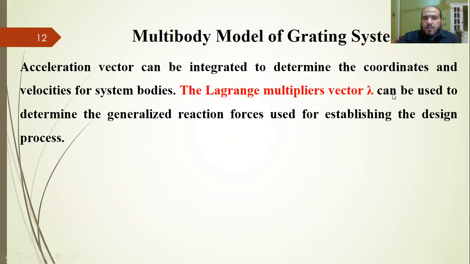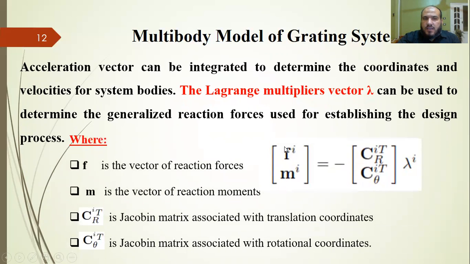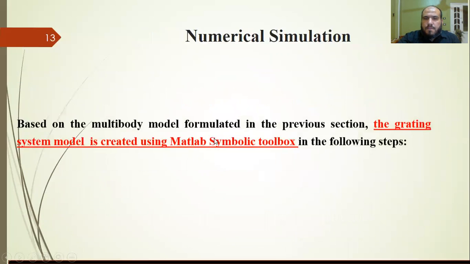And the Lagrange multipliers can be used to determine the generalized reaction forces acting on every body. In this equation we multiply the Jacobian matrix with the Lagrange multipliers. We obtain the translation reaction force and the reaction moment or torque. These reaction forces are used for establishing the design process.